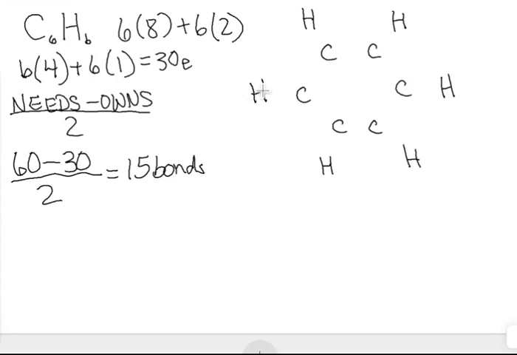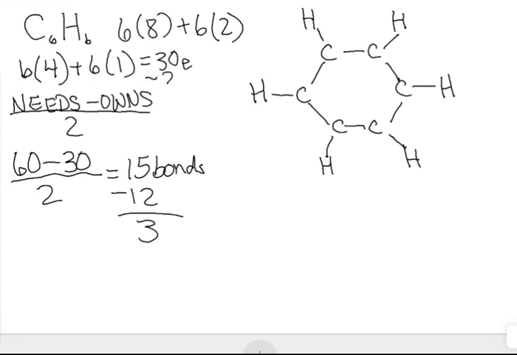Now let's bond them together. 1, 2, 3, 4, 5, 6, 7, 8, 9, 10, 11, 12 bonds. I have 3 left over. 12 bonds or 24 electrons, and I have 6 electrons left over and 3 more bonds to represent.